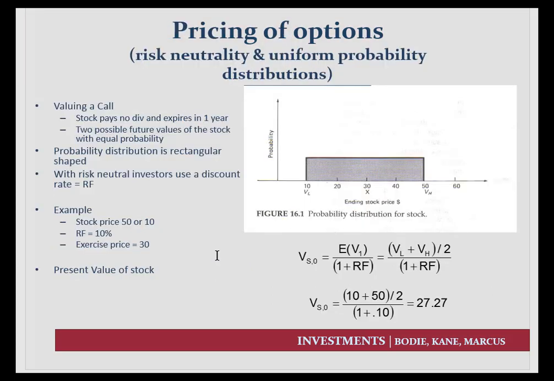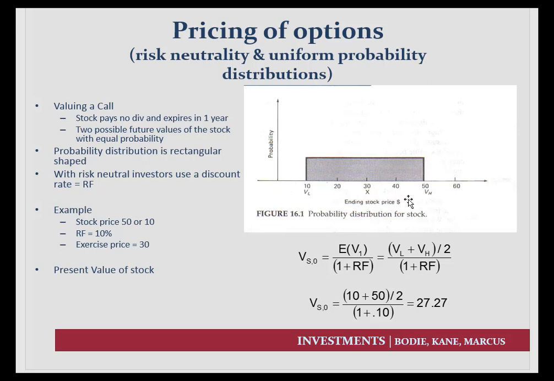So let's start with what we refer to as uniform probability distributions. We have worksheets that can help us work through and calculate all these values that are done in the formulas here. So let's start with valuing a call. We have a stock that pays no dividend and expires in a year, and there are two possible future prices that have equal probability.